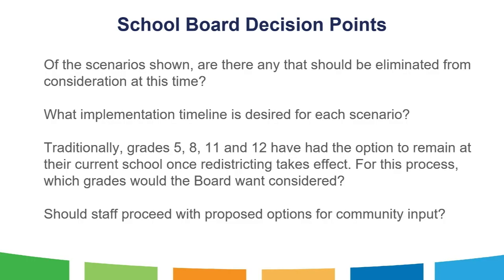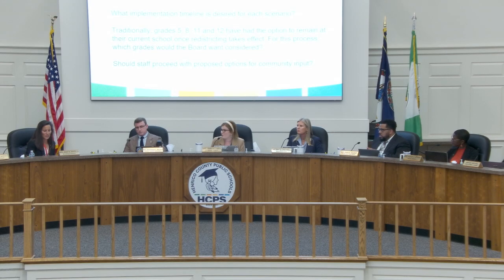So I do want to pivot to these questions that have been posed for us to guide the rest of our conversation together and be able to give the community what our direction forward will be. So the first question is, of the scenarios shown, are there any that should be eliminated from consideration at this time? Ms. Kinsella, I'll start with you.